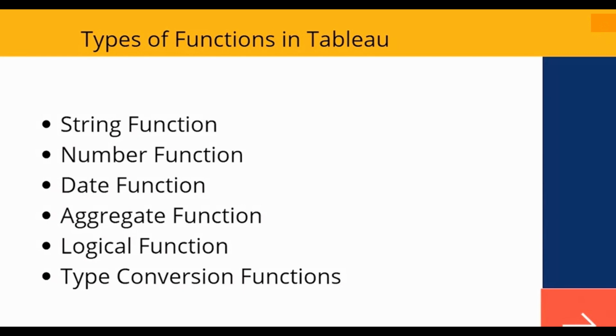When you want to do a logical comparison between these two fields, your logical function comes into play. So as I said, depending upon the type of data that you're going to visualize, aggregation functions or logical functions, any kind of function will take up its role so that your visualization becomes better.